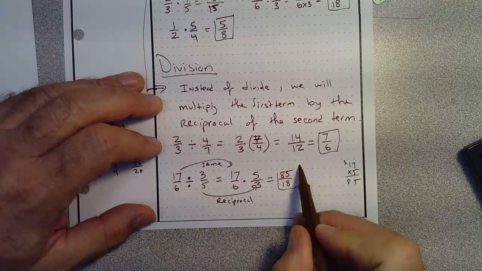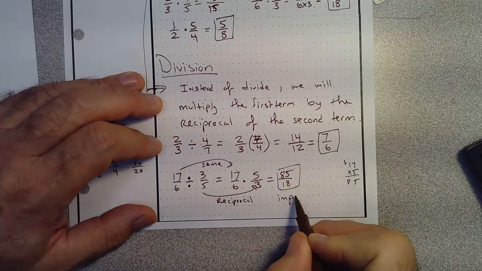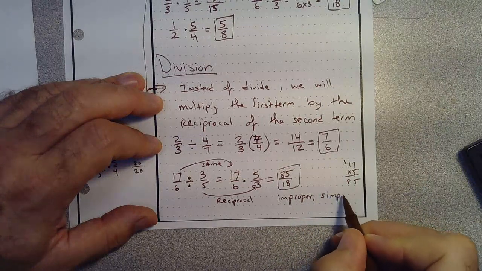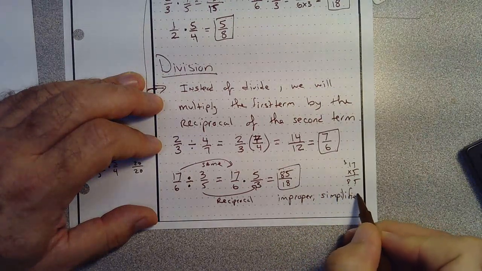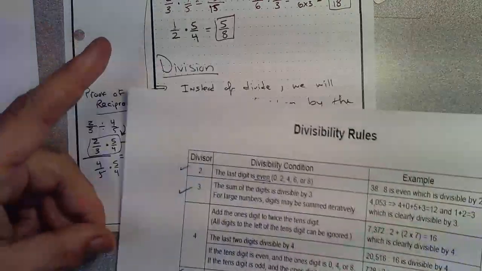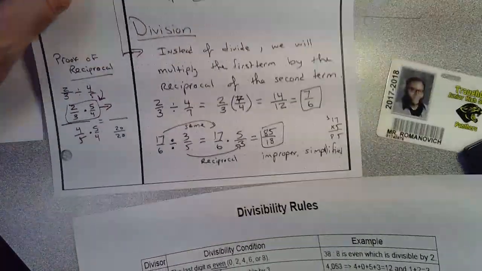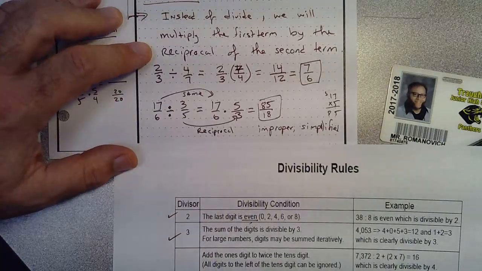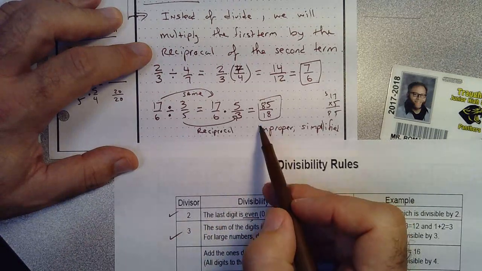I can leave this as an improper. Improper is fine because it's simplified. Simplified. Oh boy. Don't write that one. Let me quick check here. I'm looking at 17. Oh, there's my face again. Watch out. Check my 2. Are they both even?